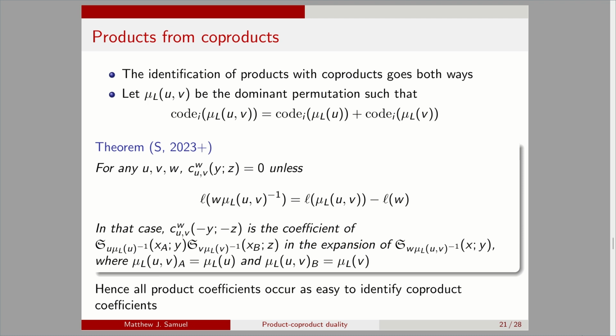This is always possible to pick complementary subsets by definition that do this. So therefore, all product coefficients occur as easy to identify coproduct coefficients.